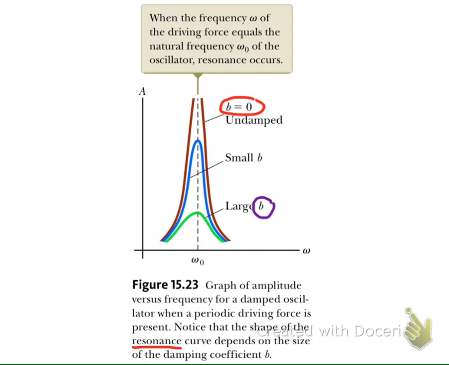In terms of energy, when we have resonance, the oscillation has the largest amplitude, which means it has the largest energy, because the energy is proportional to the square of the amplitude.